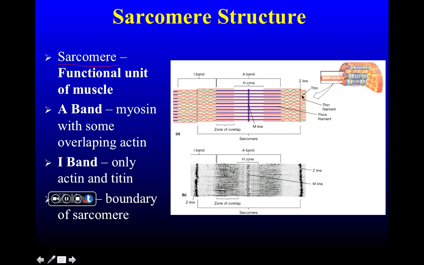That's called the Z line. So from this Z line here to this Z line here is called a sarcomere. From this Z line here to the next one, that's another sarcomere. So you notice that the sarcomeres are arranged one after the other, in series, one behind the other.